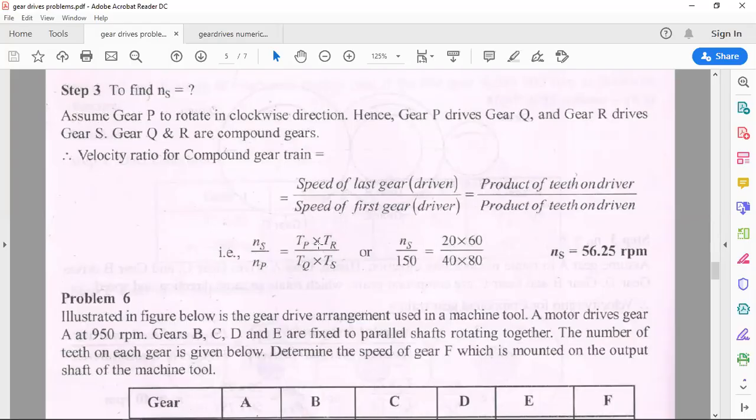P drives Q, R drives S. So based on that equation, the speed of the driven gear comes to 56.25 rpm. That is how you can calculate the speed of the driven gear in the compound arrangement.